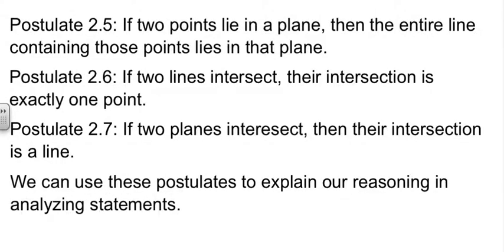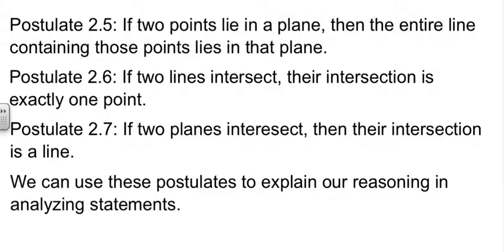A few more postulates here. If 2 points lie in a plane, then the entire line containing those points also lies in the plane. Okay. If 2 lines intersect, their intersection is exactly 1 point. Picture 2 lines crossing.